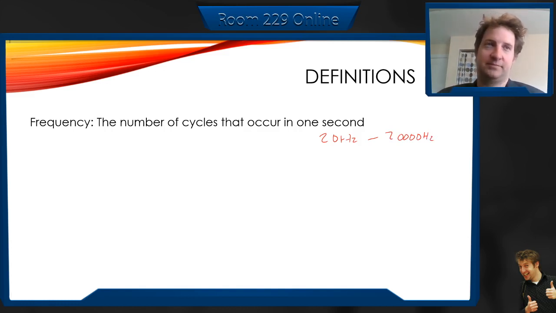So typically an A note you play on a piano is 440 hertz. Okay, so that tells me that in 1 second the air is vibrating back and forth 440 times. It's the frequency of the vibration of the air.